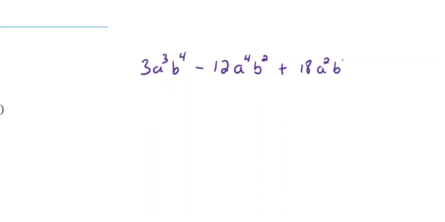Let's say we had 3a to the 3, b to the 4, minus 12a to the 4, b to the 2, plus 18a squared b to the 3. And I said we're going to factor this one.